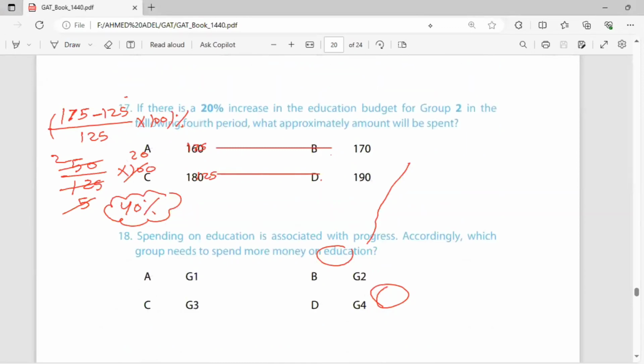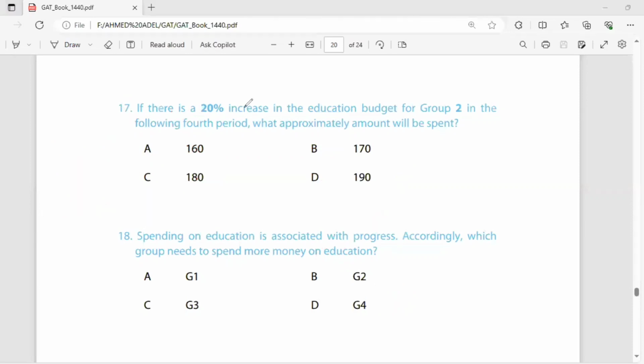Number 17. If there is a 20% increase in the education budget for group 2 in the following fourth period, approximately what amount will be spent? Look at group 2.